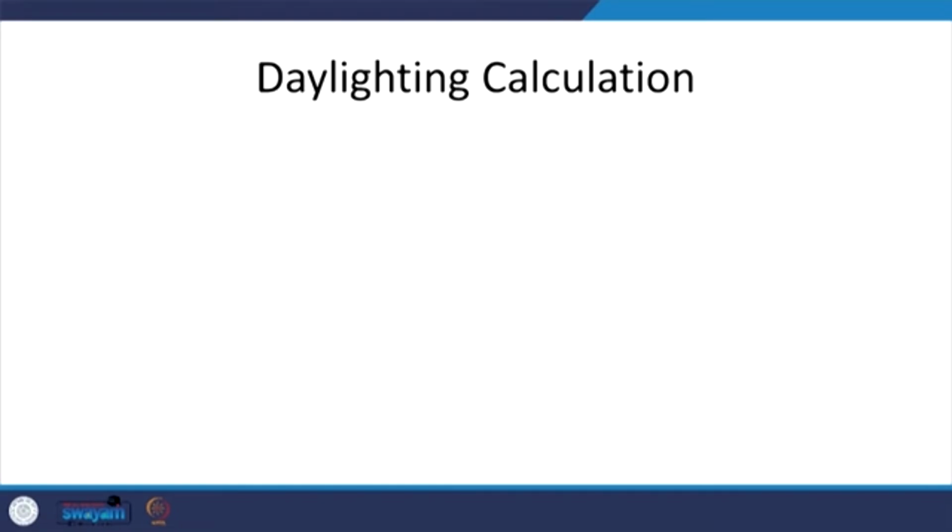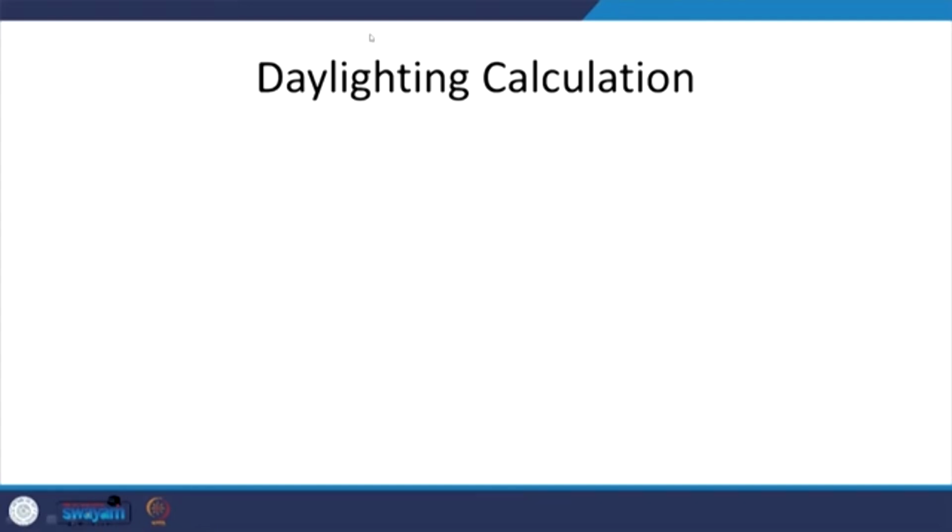What we really have to do is calculate the daylight factor in a room which has windows all around. If you remember, we already did the manual calculation using the rules, where we calculated how far from the side of the window the light will be available, for how much depth it penetrates inside the room, what happens if there is a partition, and all of that.